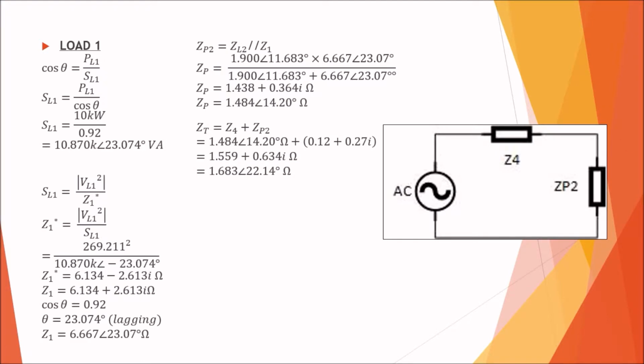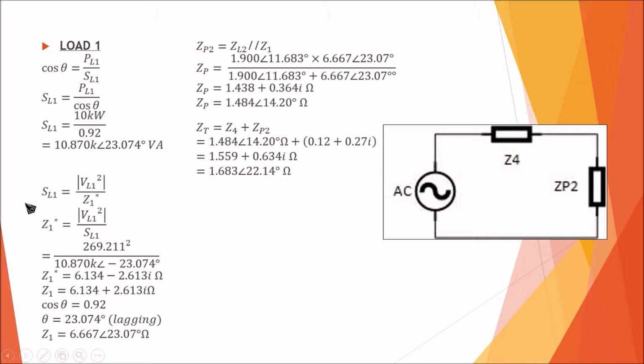We can use that voltage to find Load 1 by using the power given. We can find the complex power at line 1. The complex power calculated is 10.87 kVA, angle 23.074 degrees.